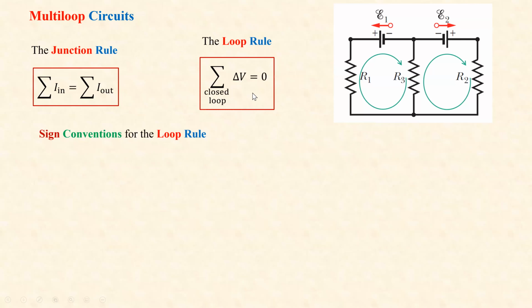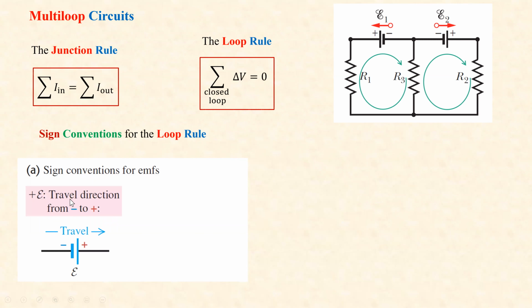And so we have to have a clear convention about when we consider a potential difference across a device in the circuit positive, and when we call it negative. For example, when we pass through the batteries for EMF, we said that if you travel in the direction from the negative side of the battery to the positive side of the battery, it means that the battery is here, this side is negative, this side is positive.